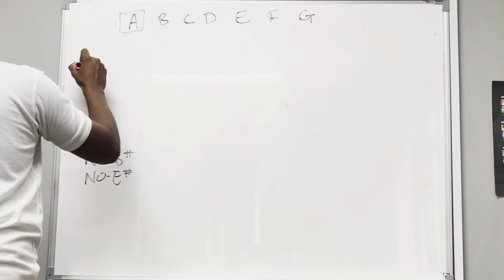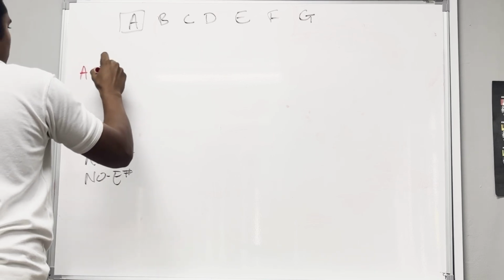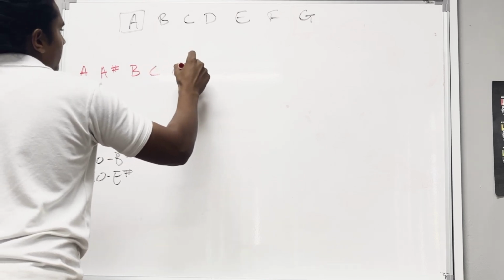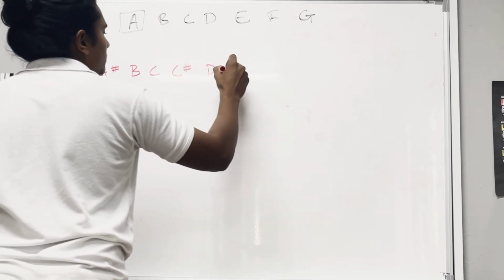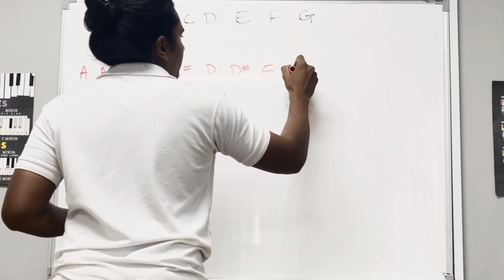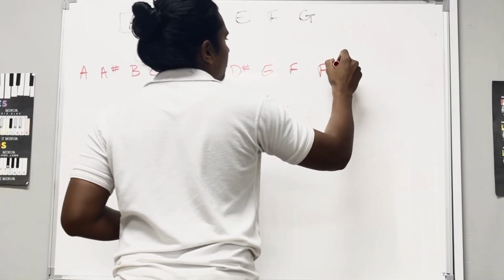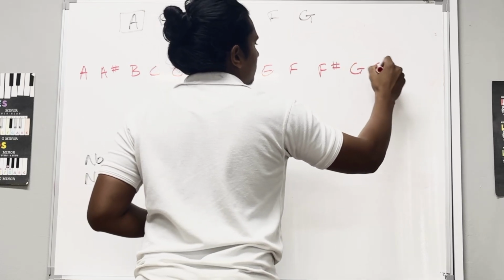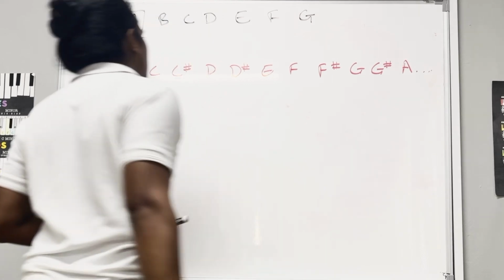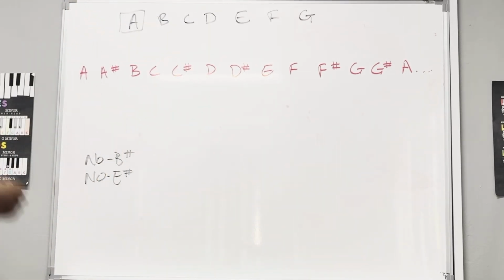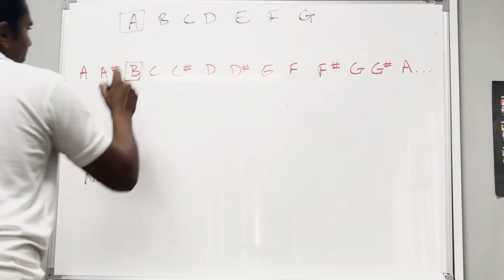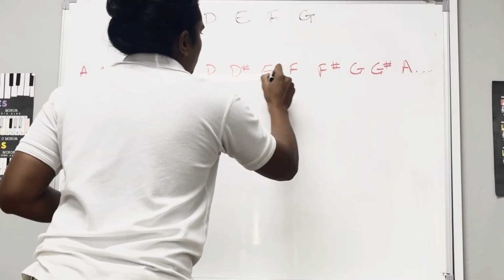So we have A, A sharp, B, C, C sharp, D, D sharp, E, F, F sharp, G, G sharp, and then we go back to A and it continues all the way on. Now, notice, again, as mentioned before, we don't have a B sharp and we don't have an E sharp.